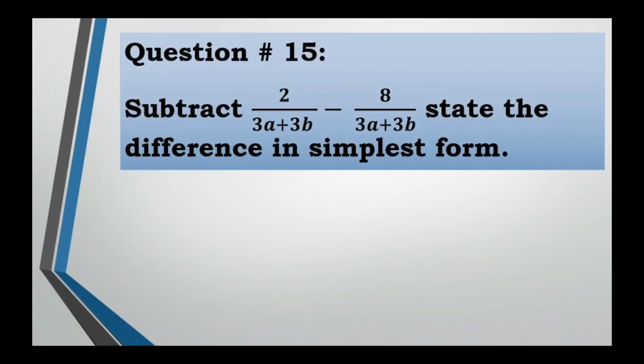Question number 15. Subtract 2 over 3a plus 3b minus 8 over 3a plus 3b. State the difference in simplest form. Letter A, negative 2 over a plus b.